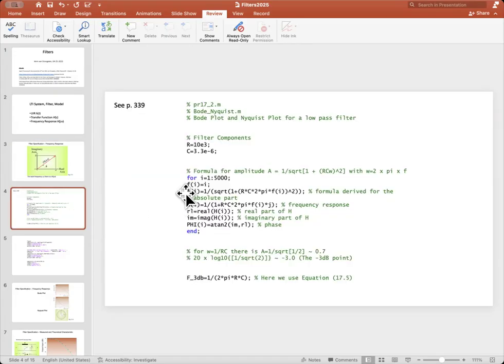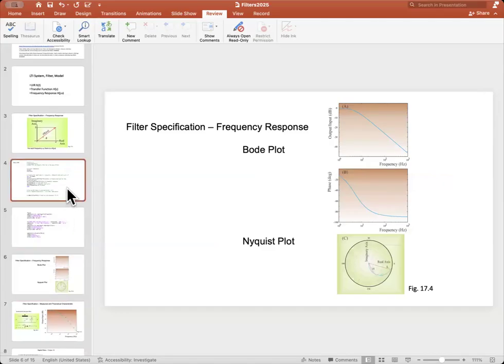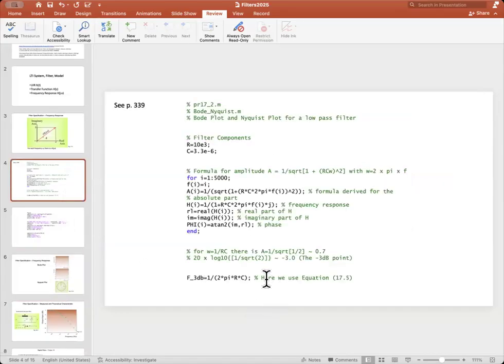Its size is indicated as the amplitude here for each frequency. And then the φ is basically the inverse tangent of the imaginary and the real part. So now for every frequency, in this case I go from 1 to 5,000, I can compute the size of this H(jω) and its associated phase. I also compute here the minus 3 dB point, which characterizes the cutoff frequency.